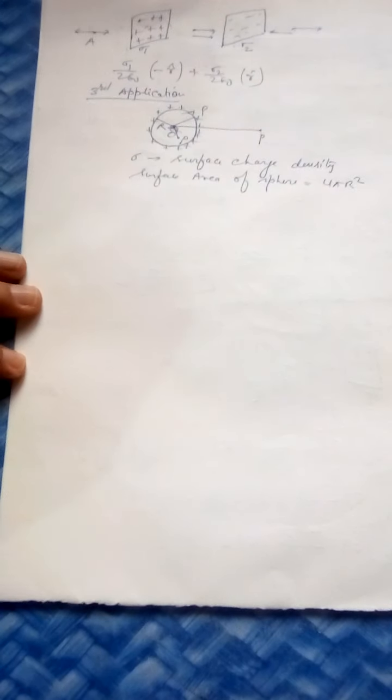Charge is surface density times total area. This is equation 1: sigma is the total charge present on the surface divided by the total surface area. So the charge on the surface is sigma into 4 pi r square.